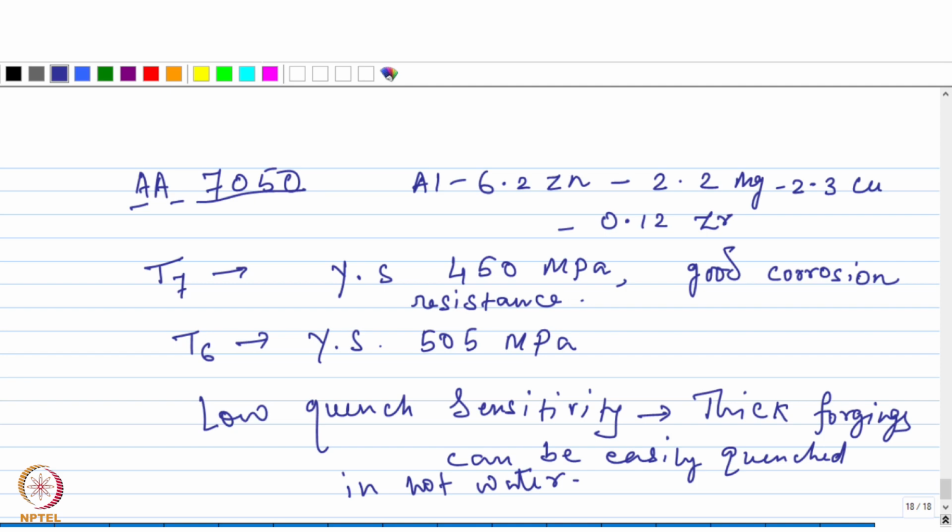Let us talk about one more alloy in this series, and this is 7005. The composition of which is as follows.